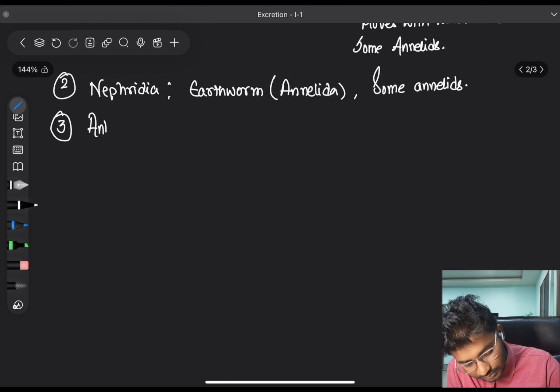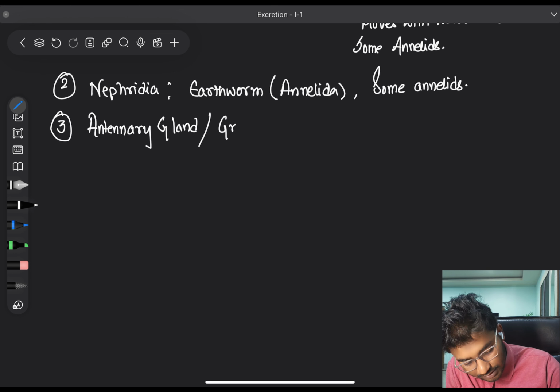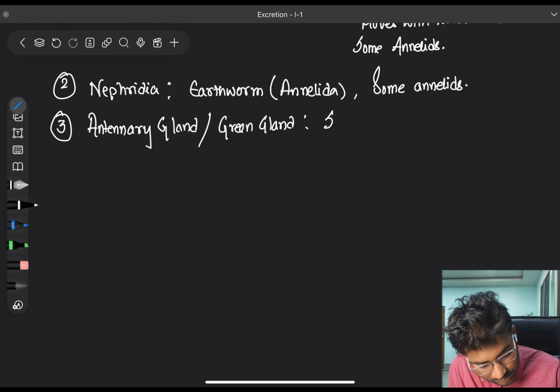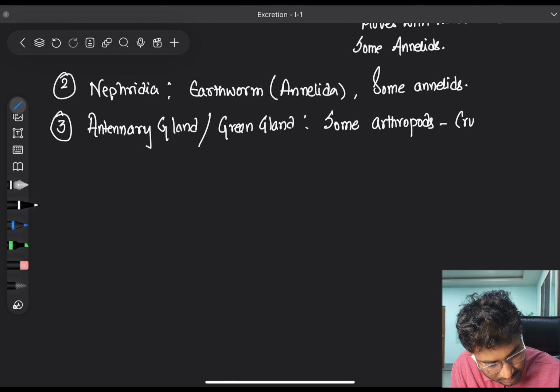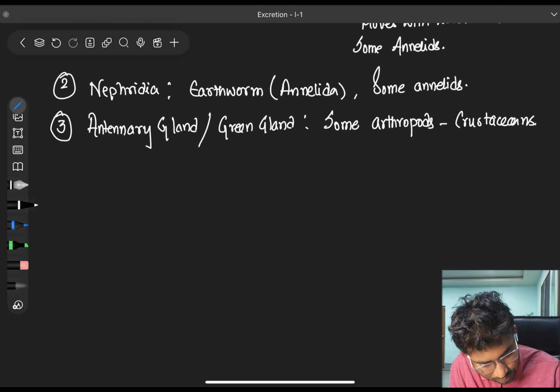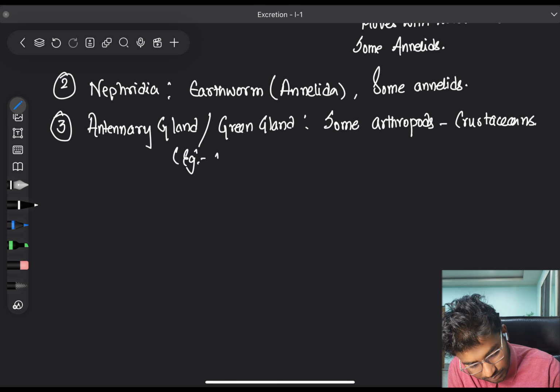Antennary gland or green gland: some arthropods, that is crustaceans, for example prawns. 4.